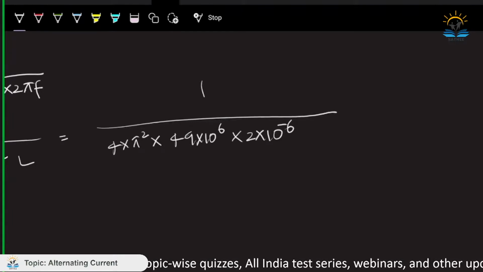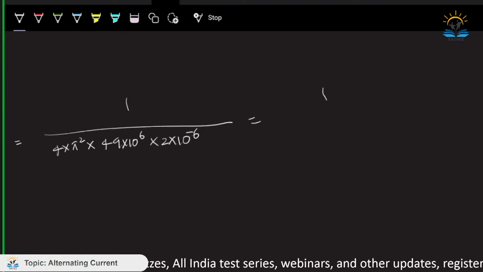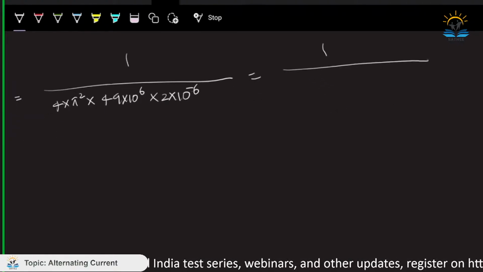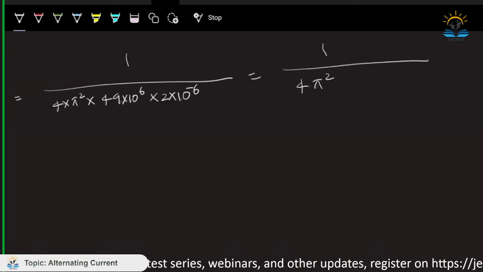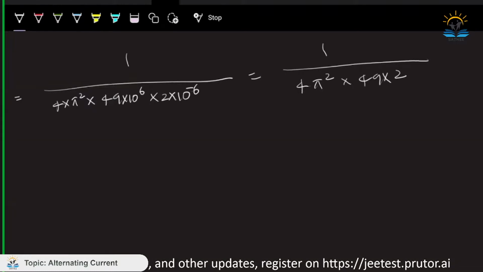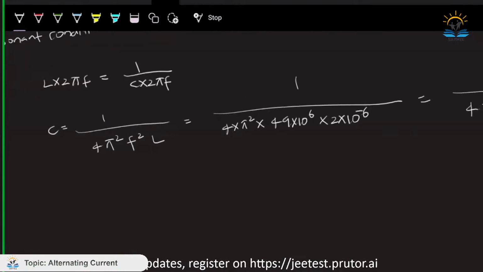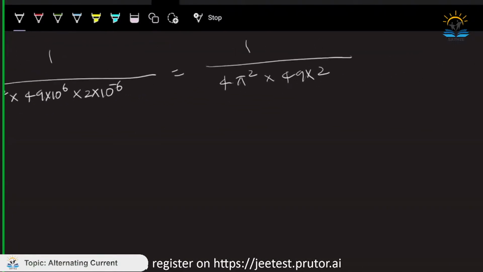So 10 raised to 6 and 10 raised to minus 6 get cancelled. So 1 upon 4 pi square into 49 into 2, and we can take pi as 22 by 7.